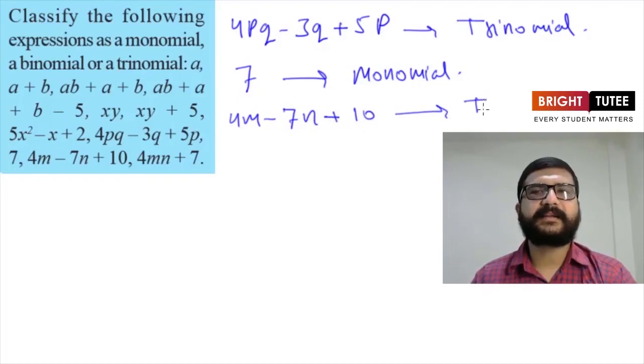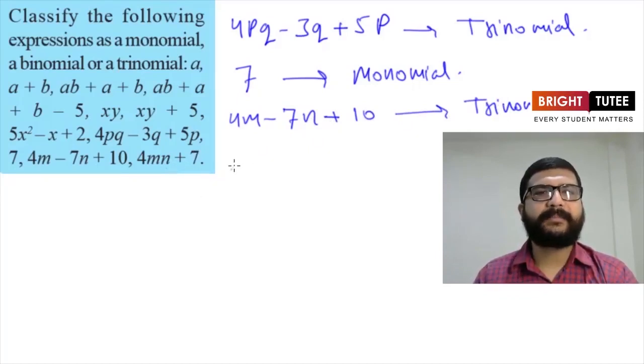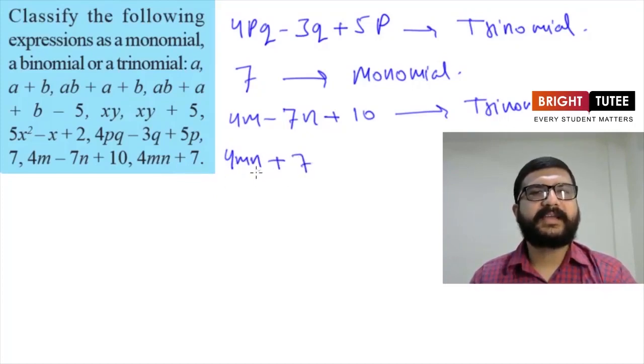So 3 terms means trinomial. And the last expression is 4mn plus 7. Here we are having 2 terms, so it means this is a binomial.